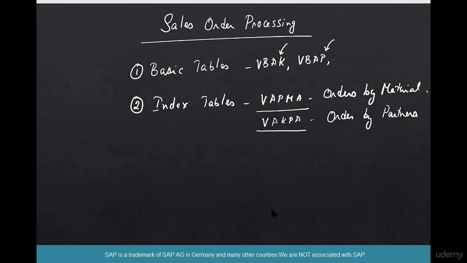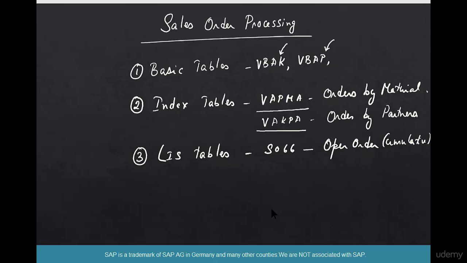Want to see more examples? LIS tables. If you have done credit management in sales order processing, you'll know S066. This is an example of open order cumulative. What's the total open order quantity for a particular customer?